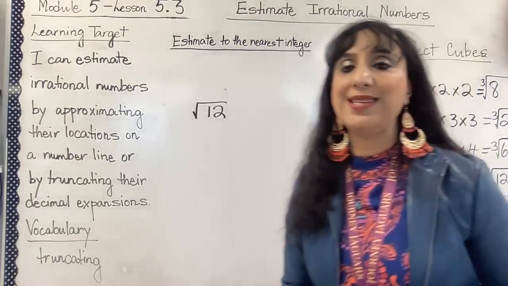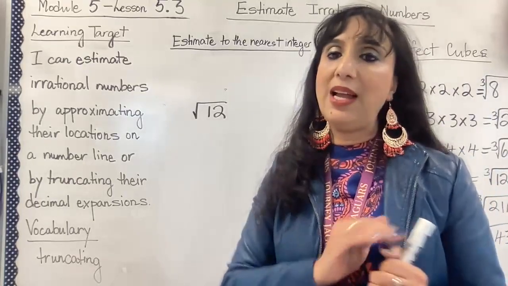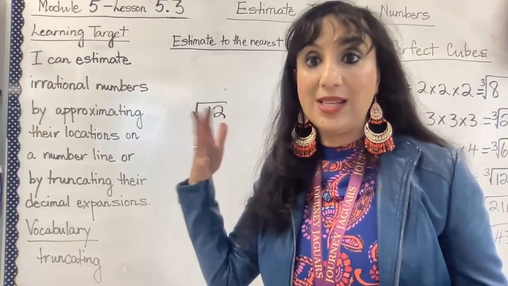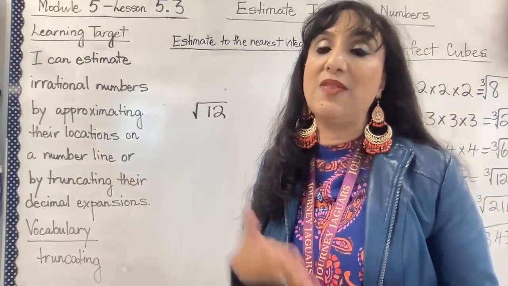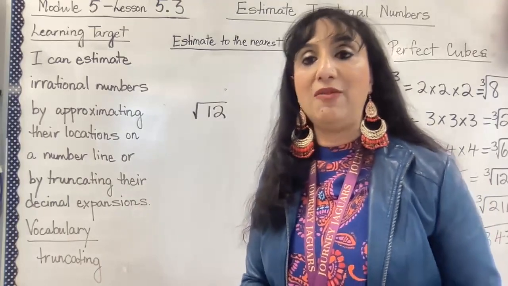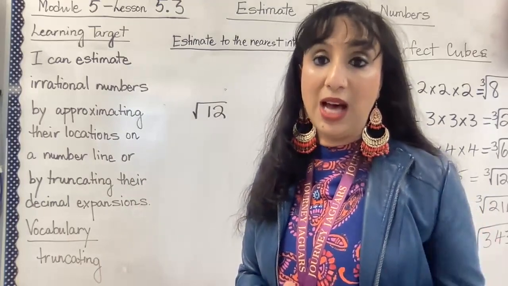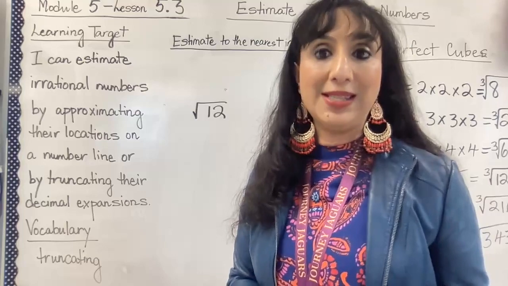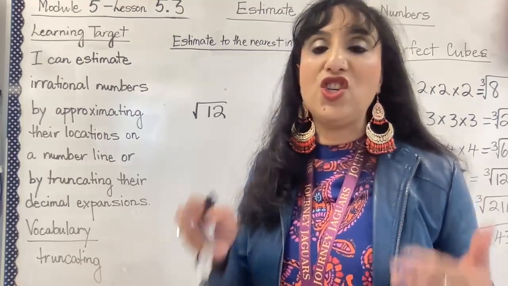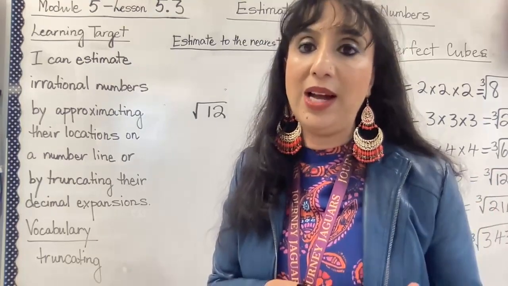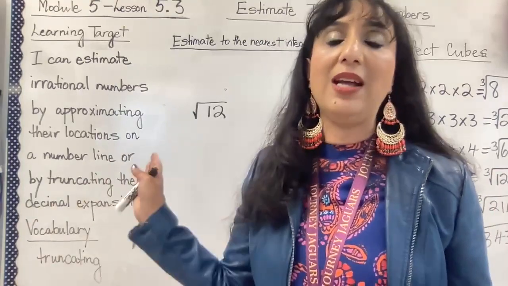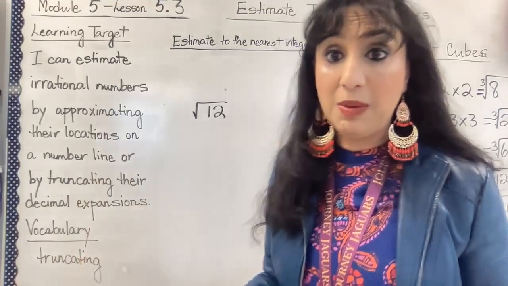If it says tenth, you'll go to the tenth place value and just eliminate everything else. But rounding is different because we look to the place value on the right, and if the number is 5 or higher, the number rounds up. If it's less than 5, it stays the same. But in truncating, we just go to the place value that is required and eliminate everything behind that. That's what truncating basically means.